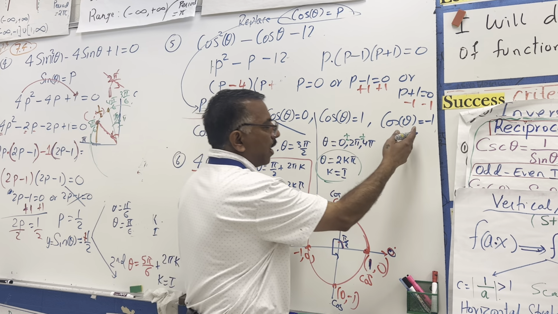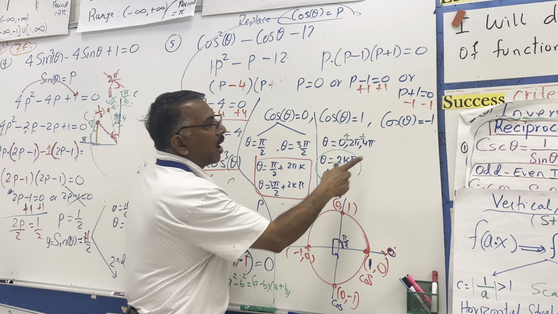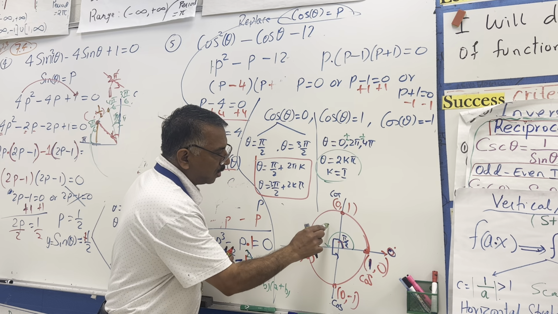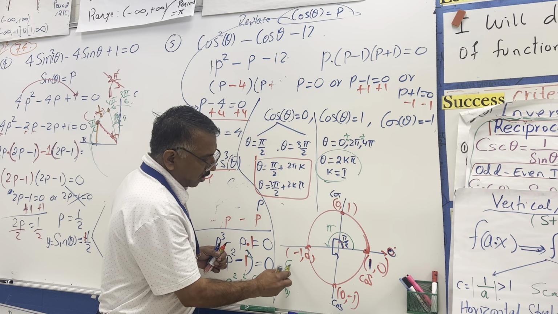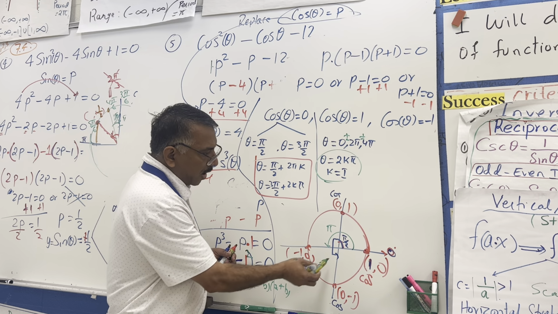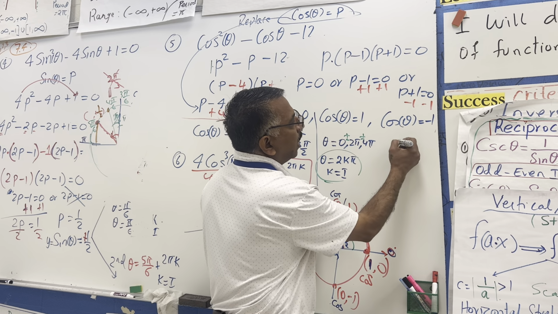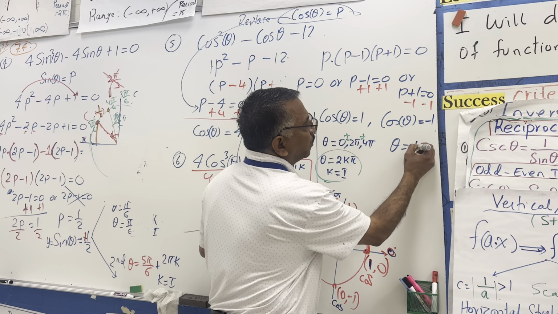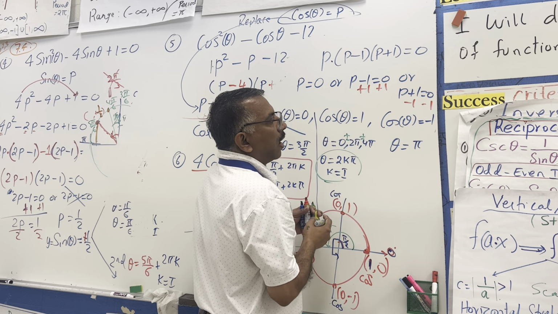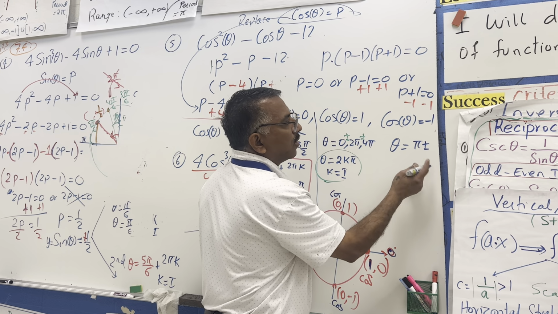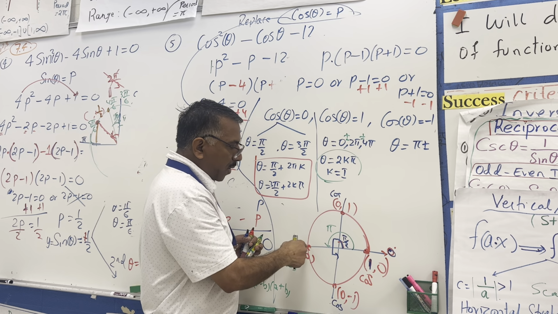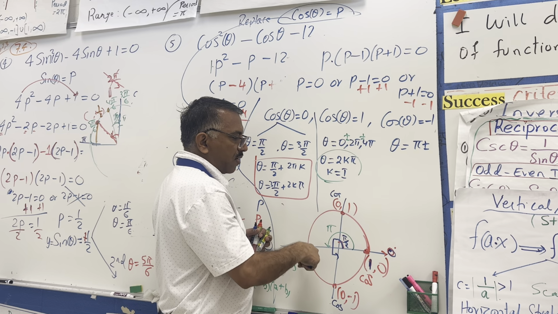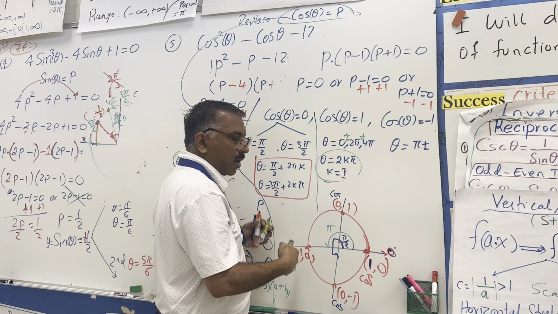And on this side, where is cosine minus 1? Cosine is minus 1 at pi. So theta is pi. And you can go on adding plus or minus 2 pi: another 2 pi makes 3 pi, 5 pi, 7 pi, 9 pi, and it goes on.